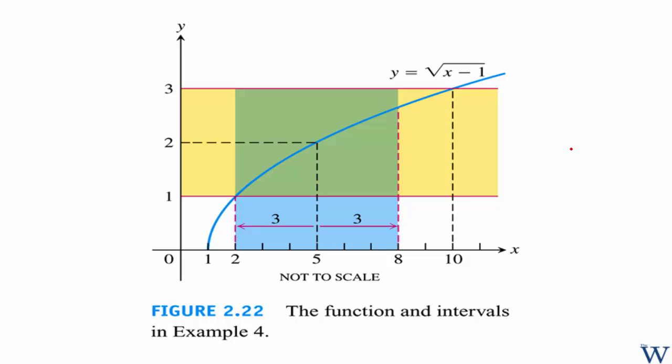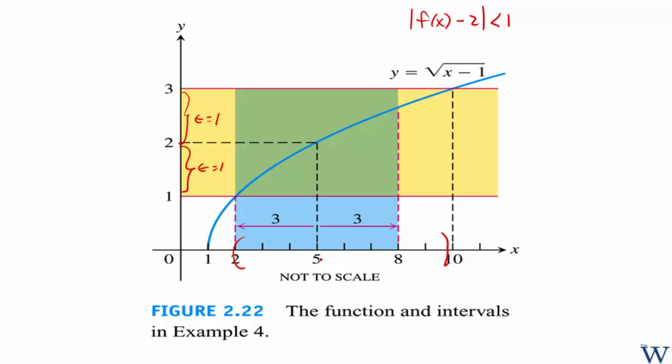And here is the picture. We dictated an epsilon equal to 1 right here. Then solving the inequality absolute value of f of x minus 2 less than 1, we found this open interval from 2 to 10.